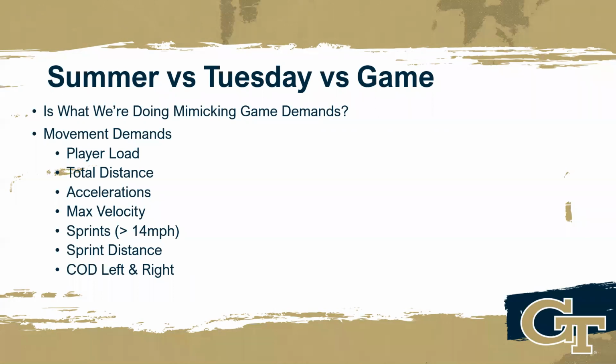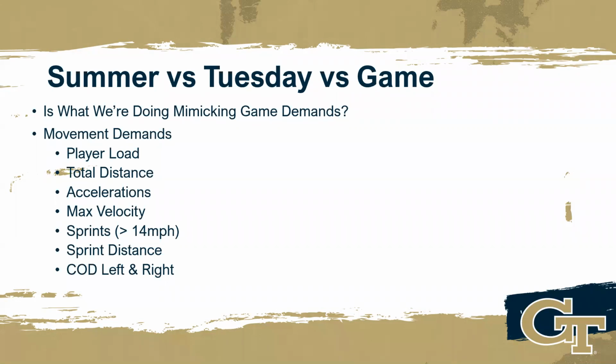So is what we're doing in a Tuesday practice the same movement patterns? Is that the same demands as what they're being asked to do in a game? And the same thing with the summer. Is the training that we're doing with them in the summer and the conditioning sessions, do the movement patterns match? Are we actually training our guys to do the things that they're going to be asked to do once we get to camp and once we get to practices?